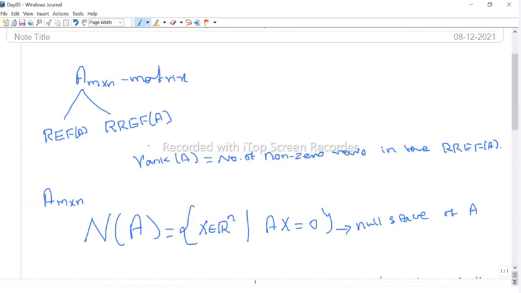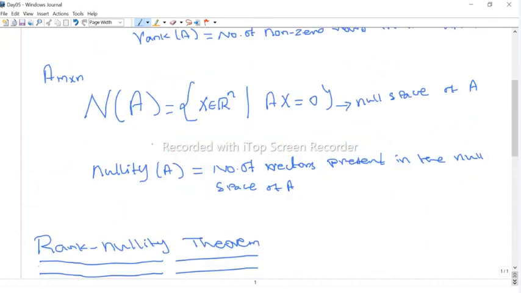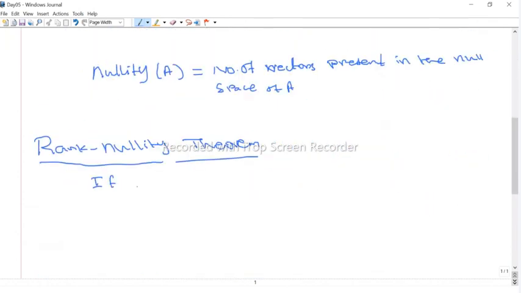We can define rank and nullity for any matrix, even a rectangular matrix, not only a square matrix. Therefore, let A be any m by n matrix, where all the entries are assumed to be real.